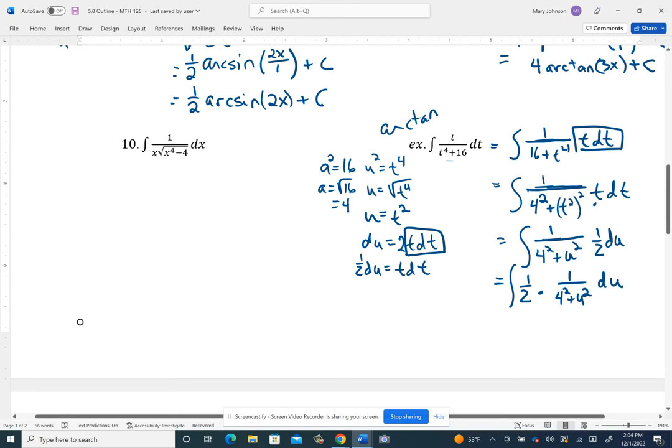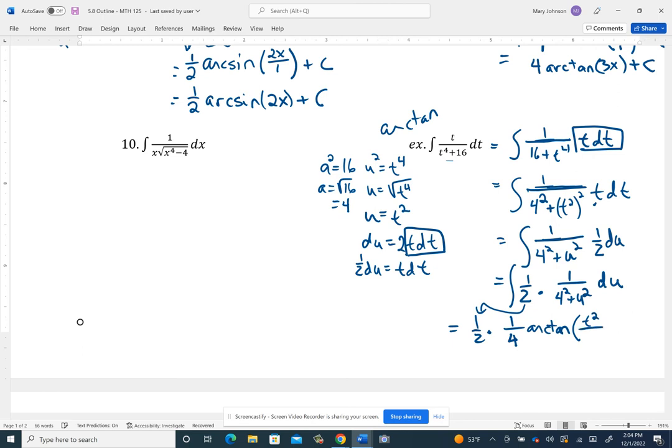All right, so now we're ready to go to the formula. So now I'm ready to integrate. So the 1/2 from here is going to just get brought along. Now I'm going to the formula, and it says that I should get 1 over a, and a is 4, and then I should have arctan, and I should do u over a, and u was t squared, so I'm going to go ahead and put that back in, over the a, which is 4, and then I'm going to put the plus c.